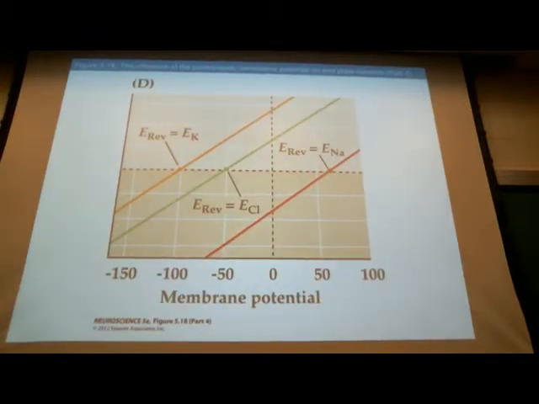If the reversal potential for this ion channel was equal to EK, you'd expect a linear plot like this. If it were equal to ENa, we'd expect a plot like this. If it were chloride, it'd be something like this, and it's none of those. So how are we going to tell what ions are being carried in this channel?